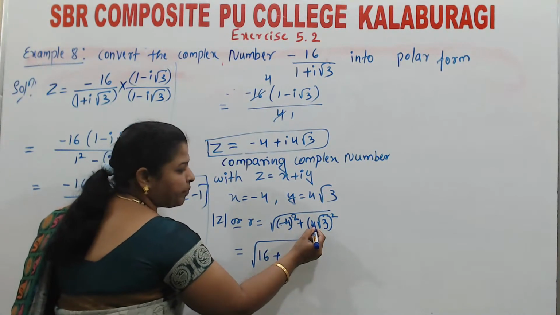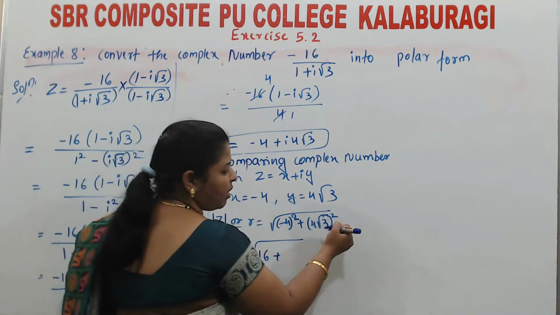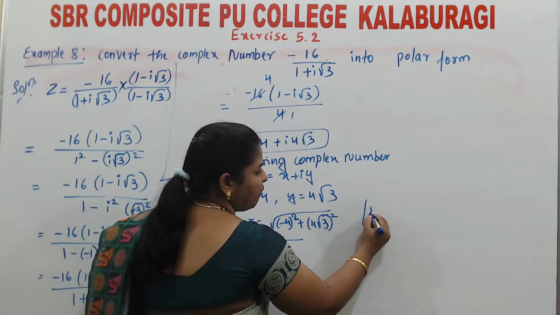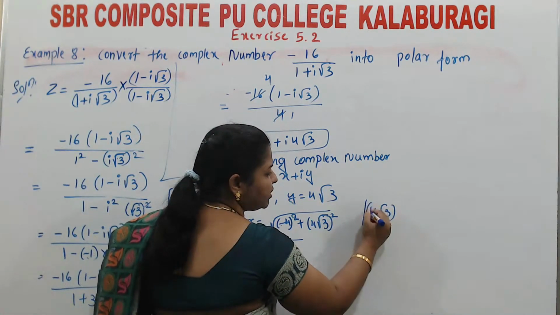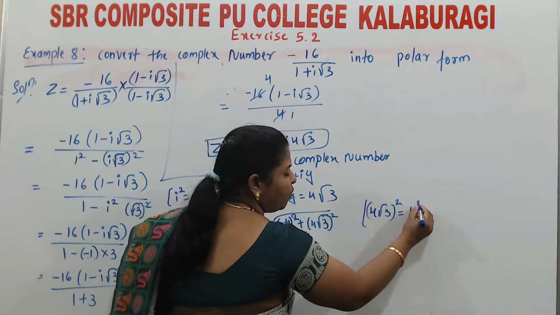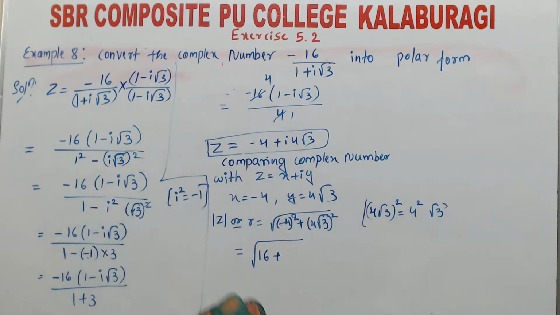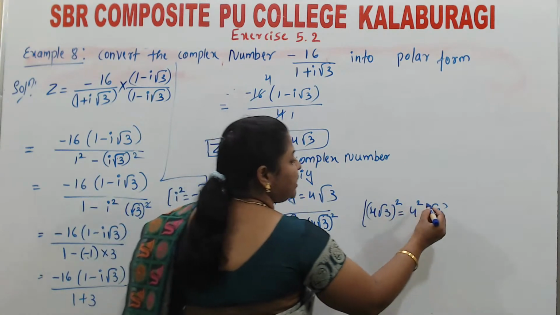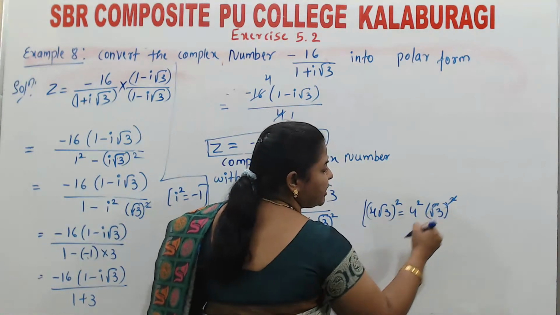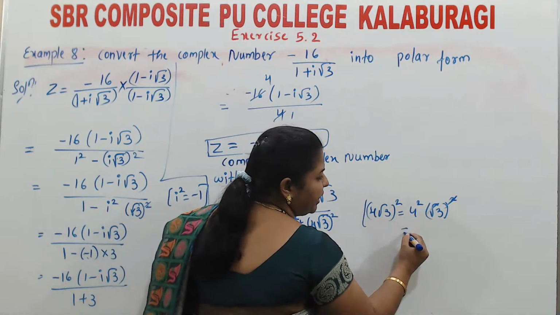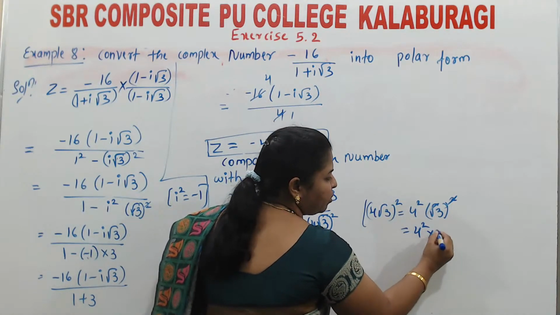Applying the square separately, (4 root 3) whole square is 4 square into root 3 whole square. The square root cancels, so only 4 square into 3 remains.